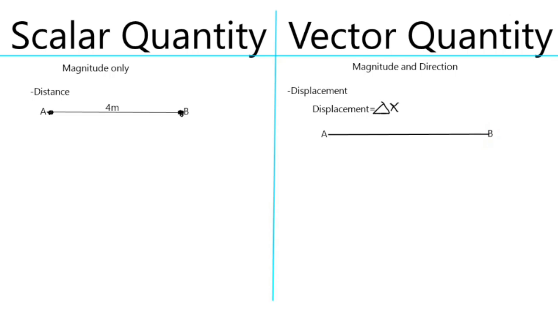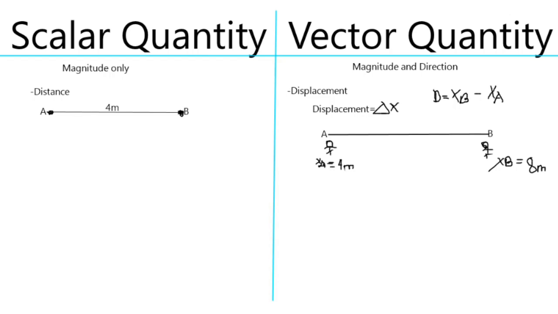Let me guess some number. Let's say we have a distance. This is actually the formula: the x position in B minus the x position in A. So let's say we have a person here who is at position x equals 4 meters, and we have position B, XB, at position 8 meters.